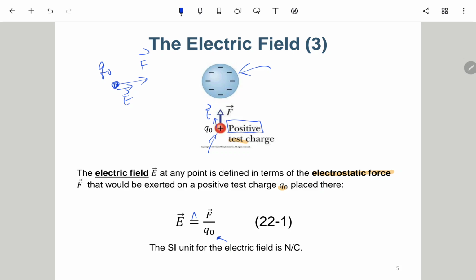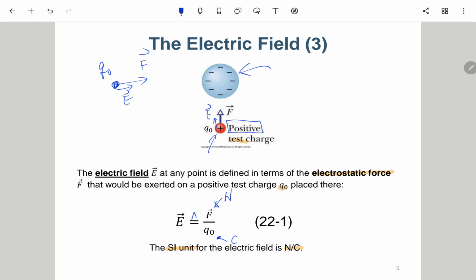Okay. And as I mentioned, what is important is the SI unit of a physical variable. So the SI unit for the E field is N over C. Very straightforward, because the SI unit for force is the Newton, N, and the SI unit for charge is the Coulomb, what you learned in chapter 21.